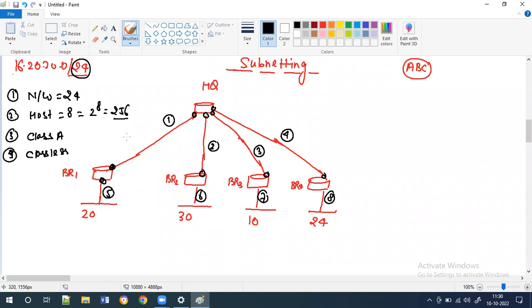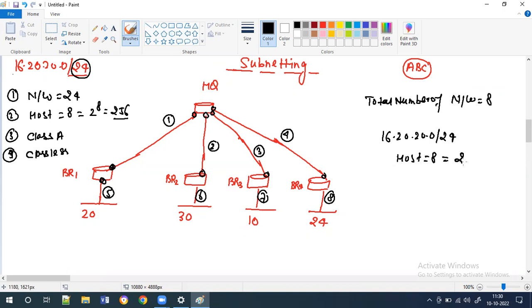Now, the total number of networks required. Total number of networks: eight. Right? Now, the total IP addresses I have: 256. If I write here 16.20.20.0/24, it means host bits are 8.